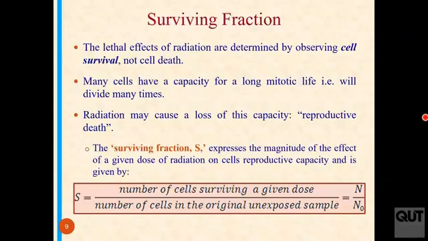Radiation can cause a loss of this capacity, or reproductive death, and the surviving fraction is given by S. This expresses the magnitude of the effect of a given dose of radiation. S is simply the number of cells surviving a given dose divided by the number of cells in the original unexposed sample. So it's just a fraction.